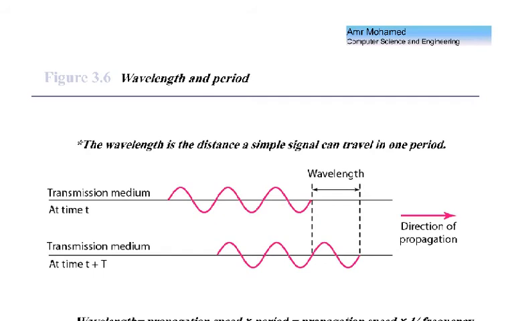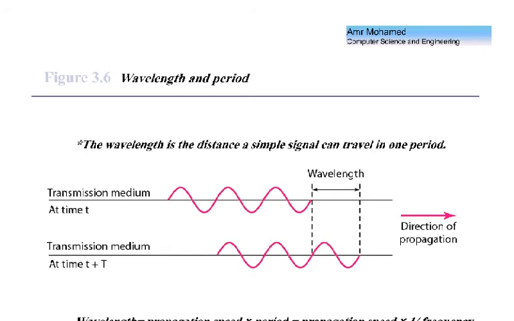Some people confuse this with the frequency because they think that the frequency is simply 1 over T and that's it. The difference between the frequency and the wavelength is that a wavelength measures the distance that the signal travels. So there is a propagation speed. The signal travels with a specific propagation speed. Like if I move from this point to another point with a specific speed, I can calculate the distance that I travel.